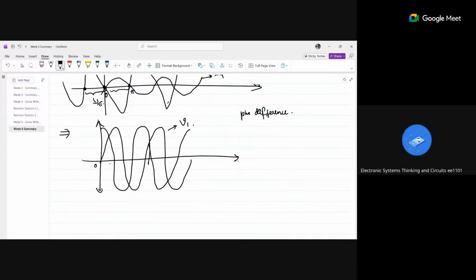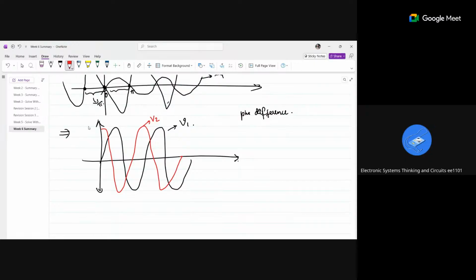Okay, you want me to draw with a different color? Yeah, that's a good idea. So this is another wave. The black one is V1 and the red one is V2.